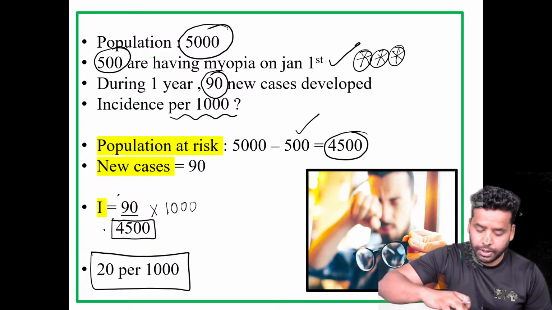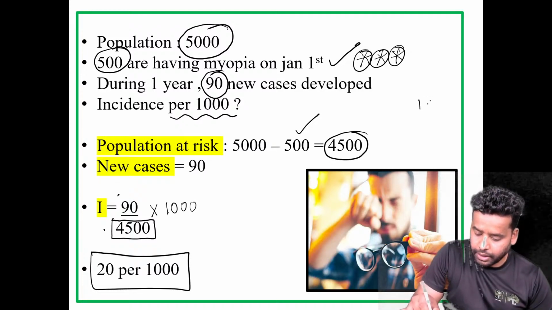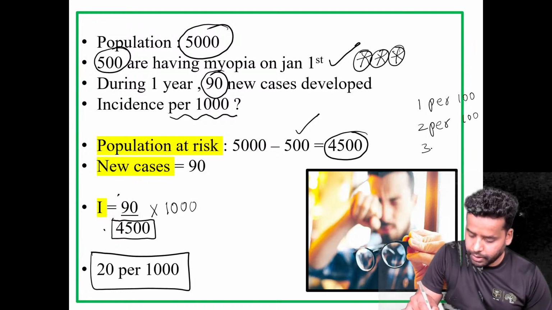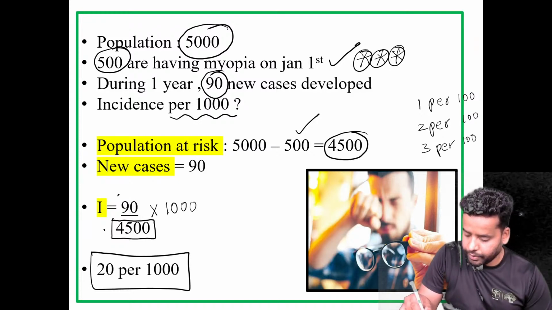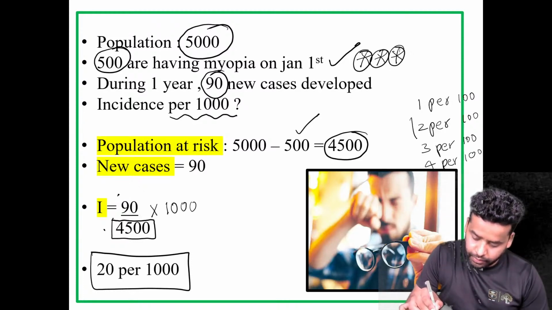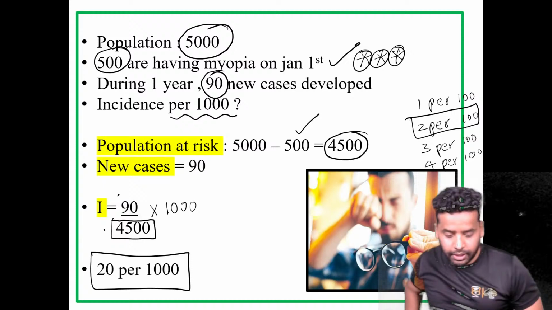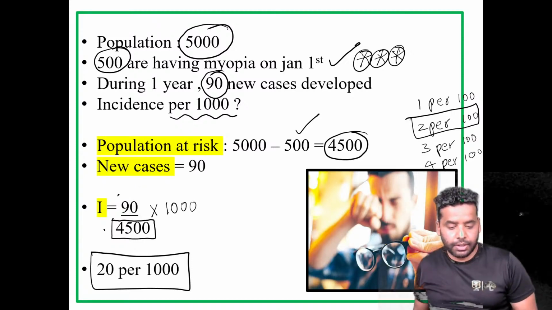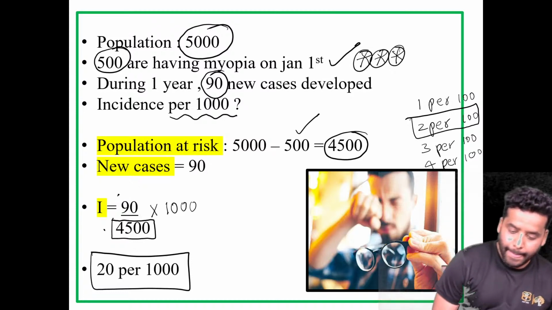If I give options like 1 per 100, 2 per 100, 3 per 100, 4 per 100, then what is your answer? Simple maths I am asking. 2 per 100. Very good.